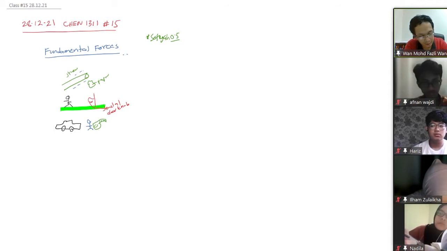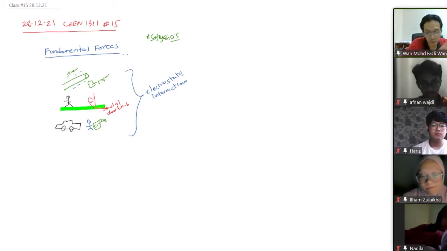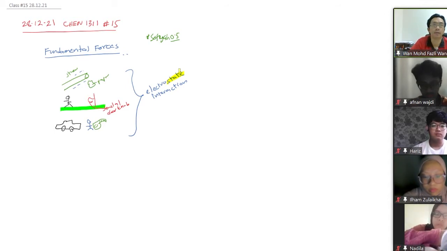So all of these things, people mention, are kind of electrostatic interaction. I just want to mention here that the word static here doesn't mean that the charge is not moving.